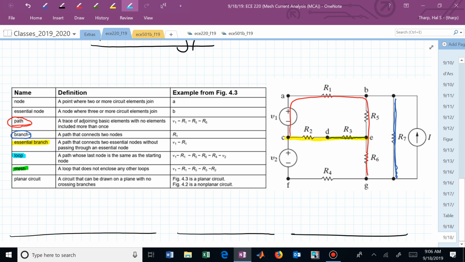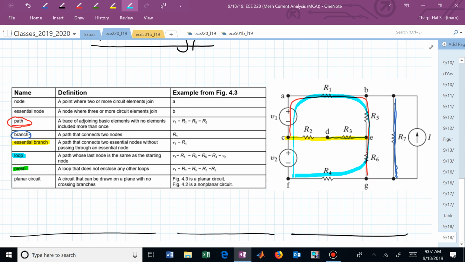A loop is a path that begins and ends at the same node. But that loop could go anywhere it wants through that network, as long as it starts and stops at the same node. So a loop is a path whose last node is the same as the starting node.